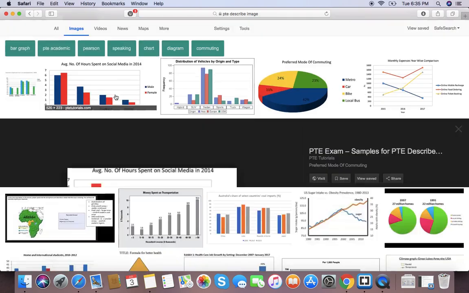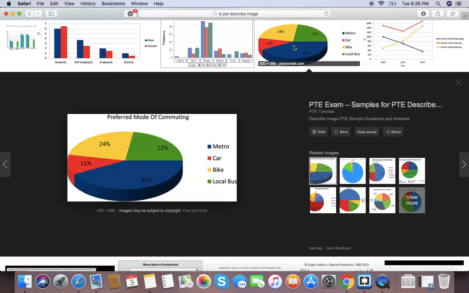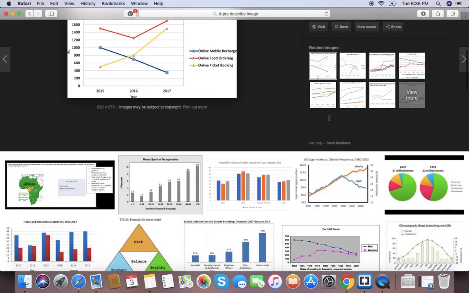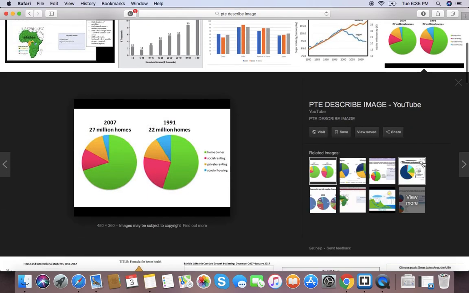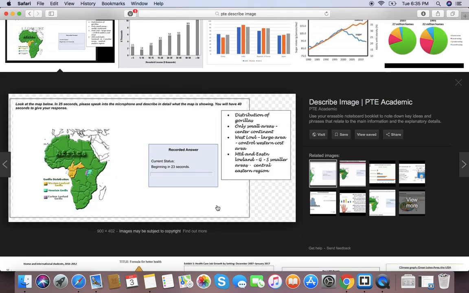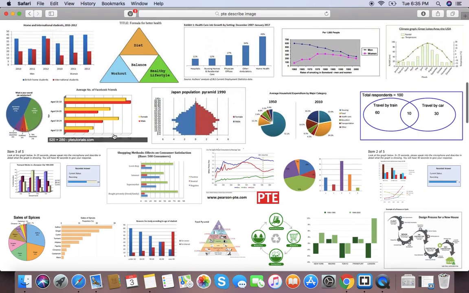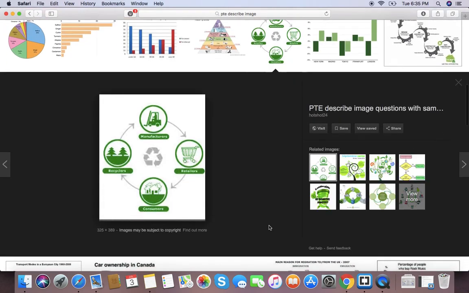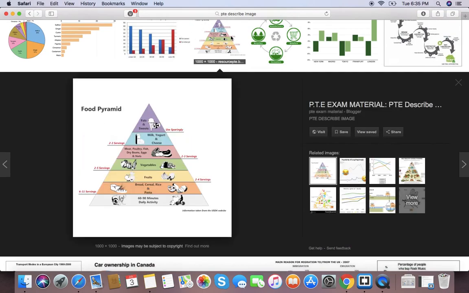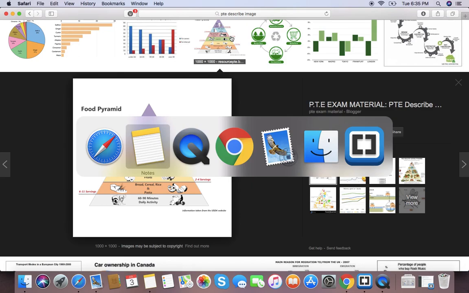So it could be a bar graph, it could be a pie chart, it could be a line graph, it could be a combination of pie charts, it could be a map, it could be a process, it could be a simple diagram. So the image can literally be anything, guys. You have to be prepared for everything. And don't worry, I'm going to show you what you have to do in order to be prepared for everything. So guys, describe image.